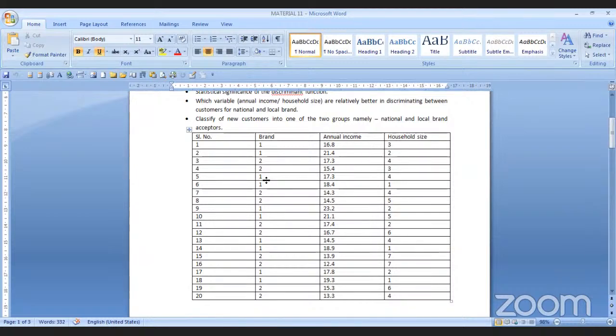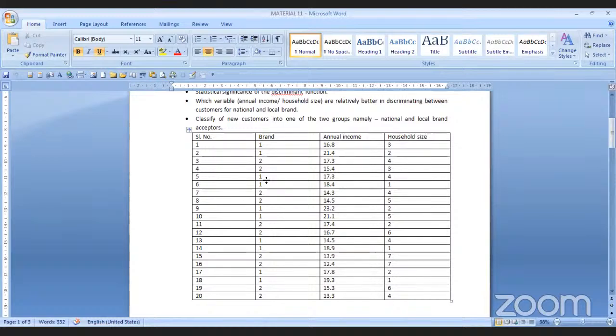Then what are the criteria to choose 1 or 2? Given 20 sample points, you have taken the annual income and household size. Any customer who comes, you give one card on which they fill in the annual income and the household size.